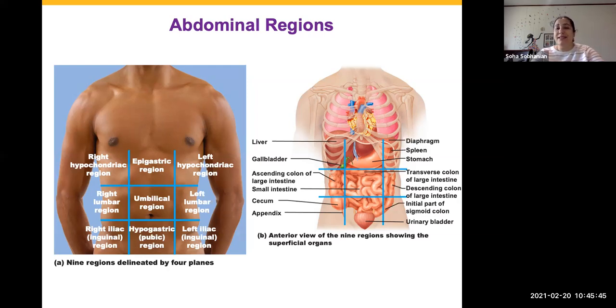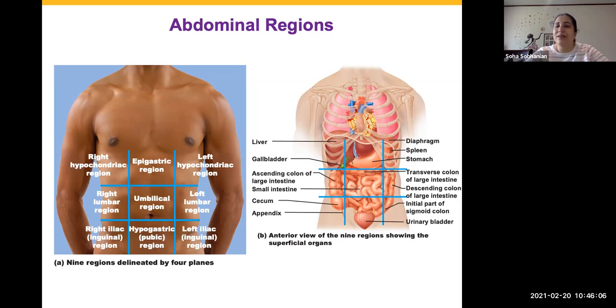If you're interested in the word inguinal, I don't necessarily want you to know this, but you may see it later in the reproductive system. Have you heard of hernias? People, males especially, get hernias in that region.